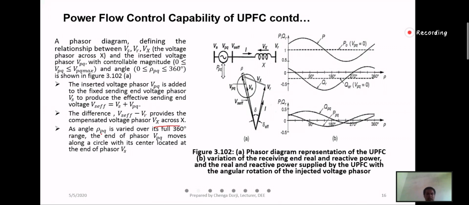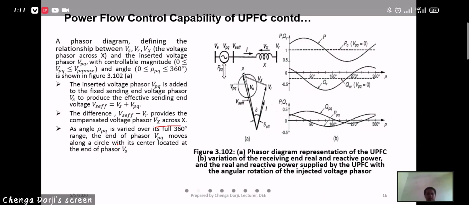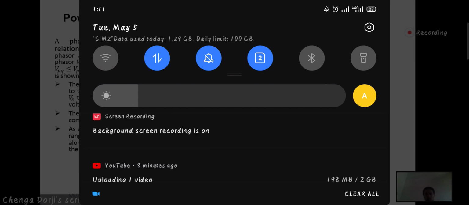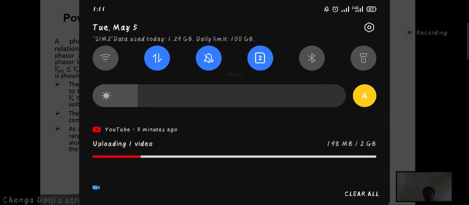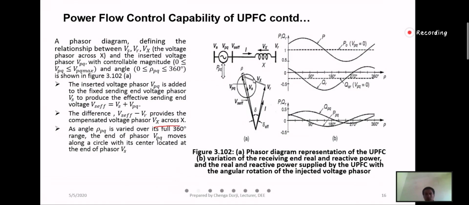Then another point is, as this angle rho is varied over its full cycle range, it will be moving like a circle, so it will operate within this. With the tip of Vs as the center and VPQ as the radius, it will operate within this circle.